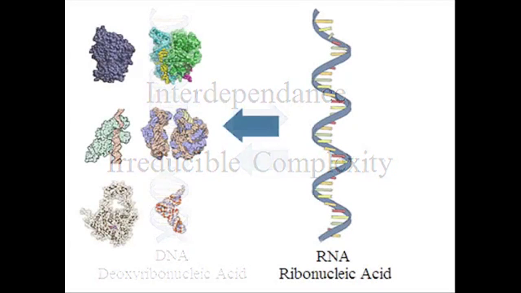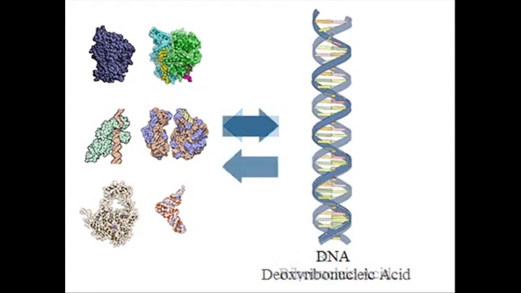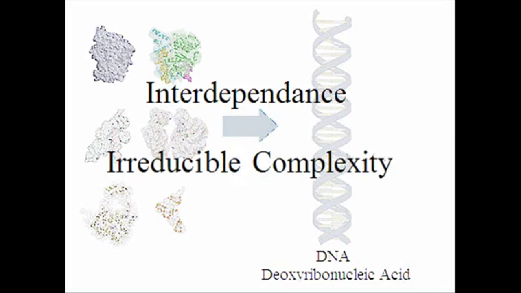Likewise, the RNA molecule is interdependent with these molecular machines as well, because the information which comes from the DNA molecule to produce the RNA molecule is then used to produce the molecular machines which maintain and duplicate and error-correct the DNA molecule itself. This is further interdependence, irreducible complexity, which cannot be broken.